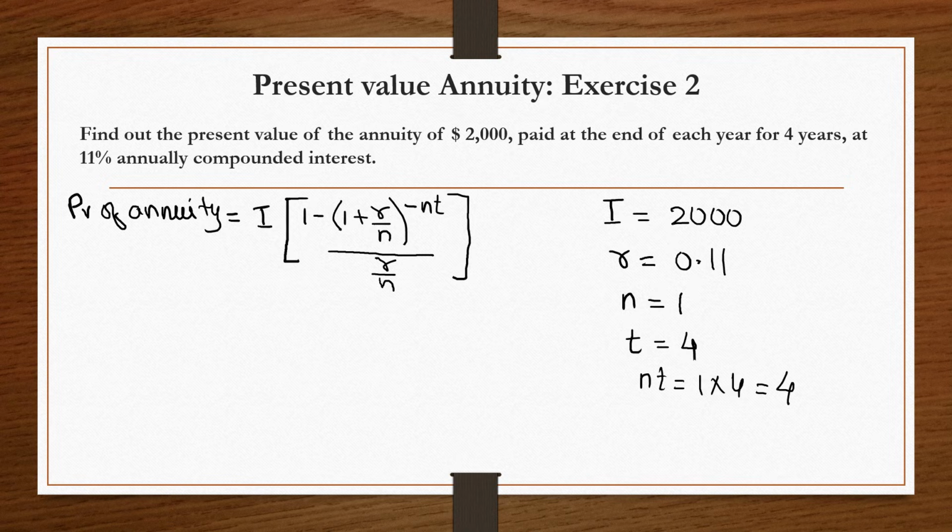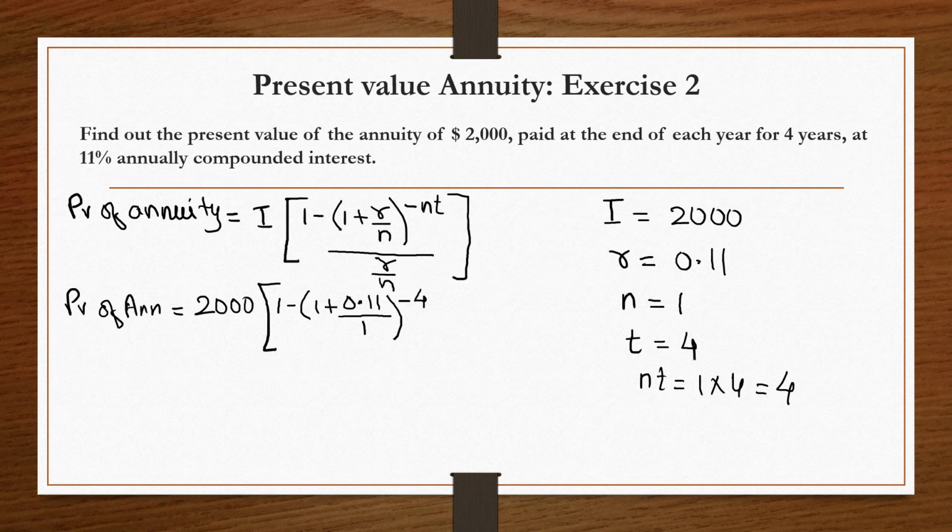Now we will just substitute in the formula. Present value of annuity is equal to 2000, bracket 1 minus 1 plus, what is my R, rate of interest, 0.11 divided by n, n is 1, this bracket close, power of nt, we have written 4, minus 4, this bracket close, bigger bracket, again divide this by our rate of interest, 0.11 divided by 1.